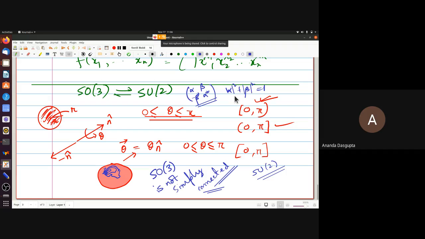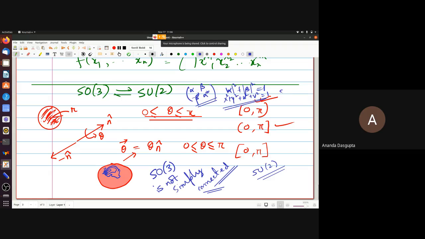Two complex parameters means four real parameters, right? If alpha is x plus iy and beta is u plus iv, then this is x squared plus y squared plus u squared plus v squared equals 1. So every SU2 element is basically all four-tuples x, y, u, v, with this particular condition.